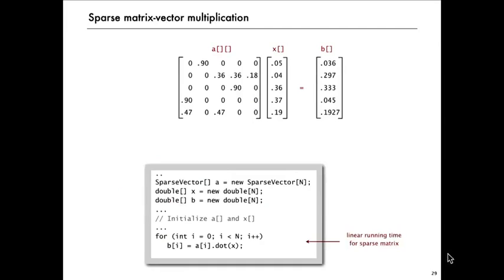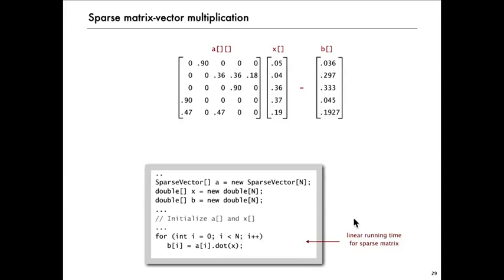So now, if we have a sparse matrix times a vector, our running time is going to be proportional to the number of non-zero entries for each row, which means that the running time is going to be linear for a sparse matrix just by the use of a symbol table.